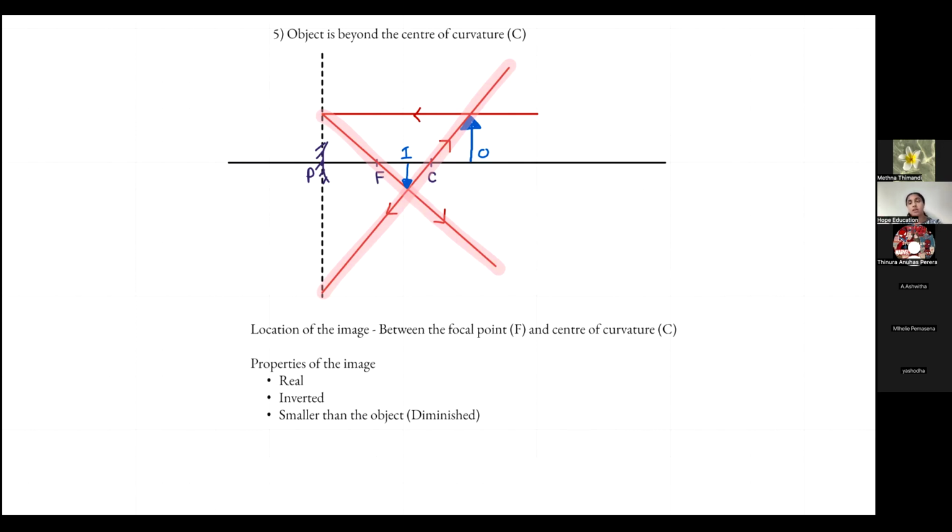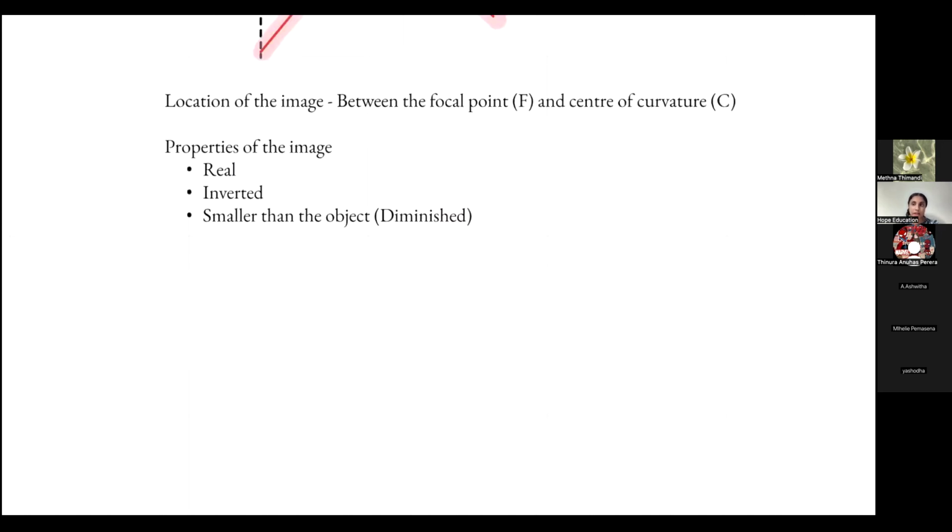Then we said in the third ray diagram, object is between the focal point and center of curvature. Then we said object is on the center of curvature. In the last one, we said object is beyond the center of curvature. We have a sixth condition, but here we are not going to draw a ray diagram, because that's impossible.